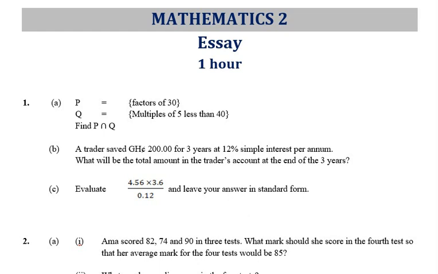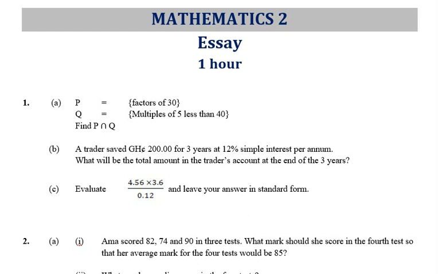So let's get straight into it. Now our first question says that P equals factors of 30 and Q equals multiples of 5 less than 40. We should find P intersection Q. And part B says a trader saved 200 Ghana cedis for 3 years at 12% simple interest per annum.